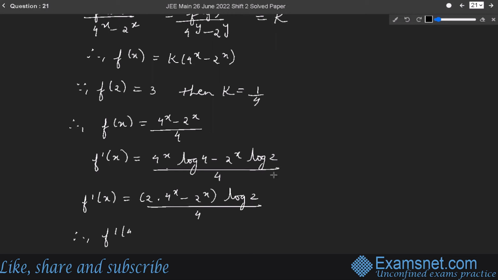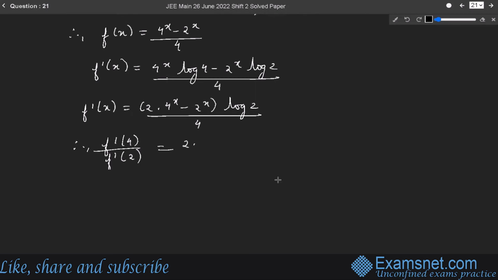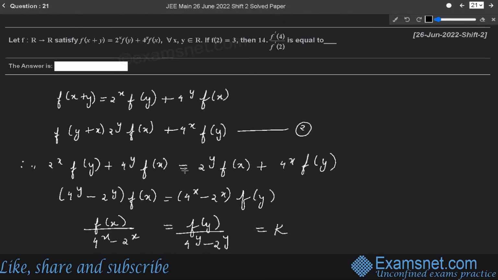Therefore, f dash 4 divided by f dash 2 will be equal to (2 into 256 minus 16) divided by (2 into 16 minus 4). Therefore, 14 into f dash 4 divided by f dash 2 will be equal to 248. Hence, we can say that the correct answer for this question is 248.